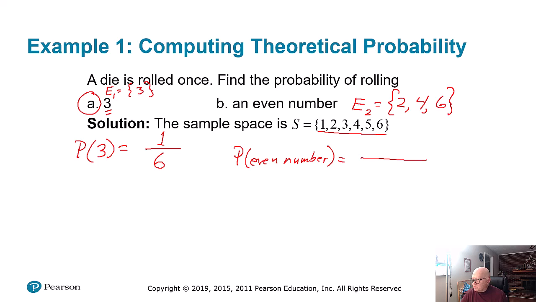Well, first of all, how many even numbers are there on the die? There's the 2, 4, and the 6. 3 of those. How many total? There's 6 sides to the die. Usually we reduce this, by the way, just like all common fractions, and there's your probability for both of those. The probability of getting a 3 is 1 out of 6, or somewhere around 16.7%, and the probability of getting an even number is 50%.